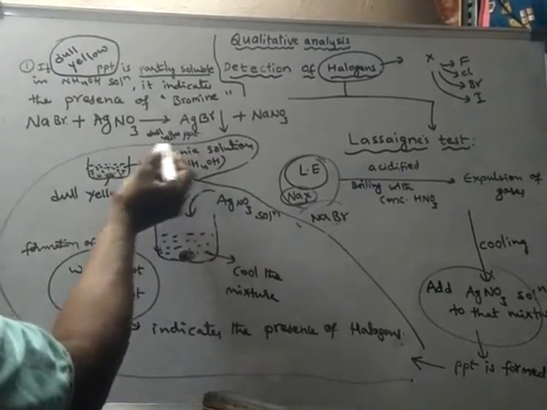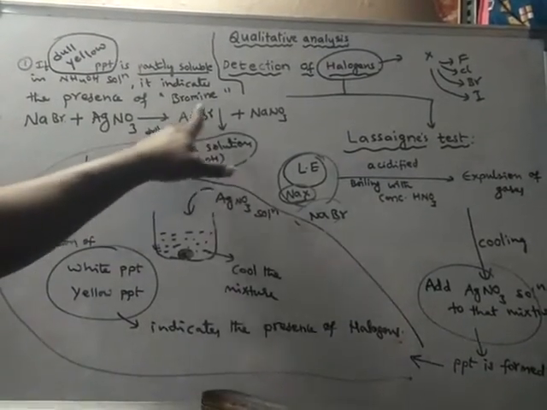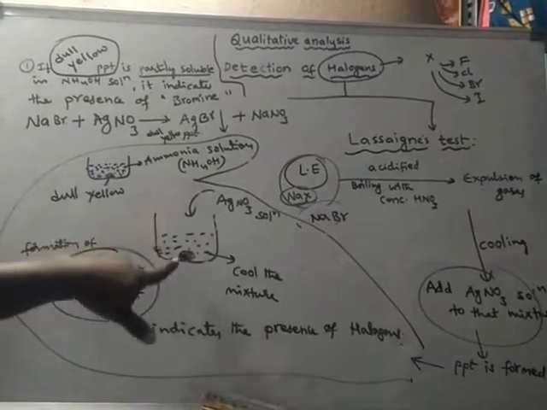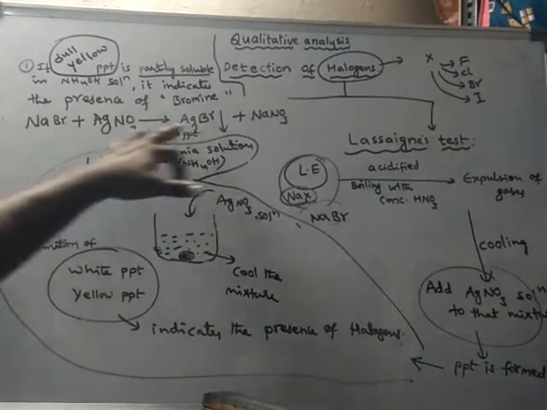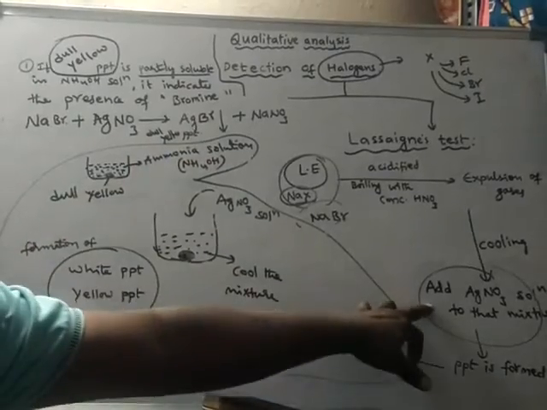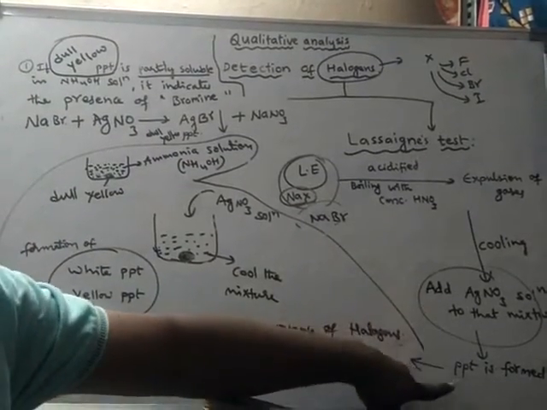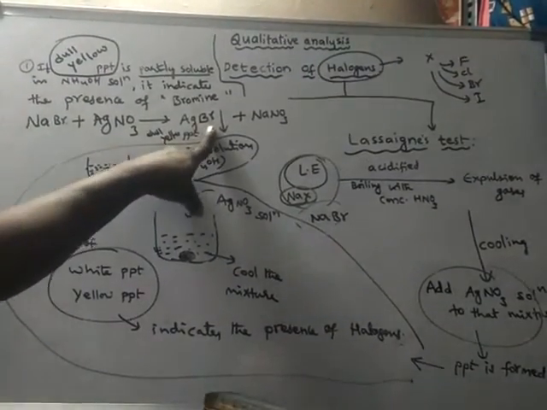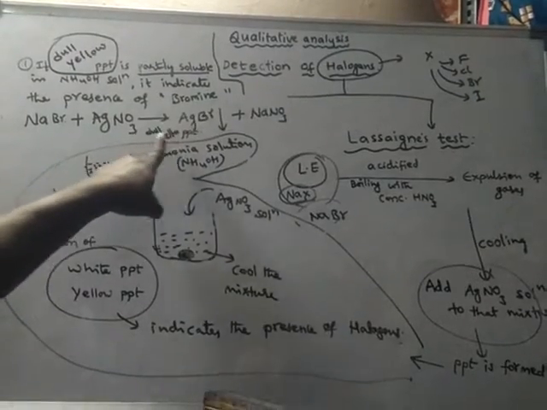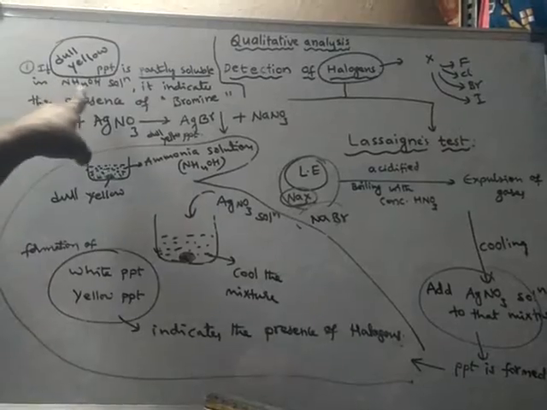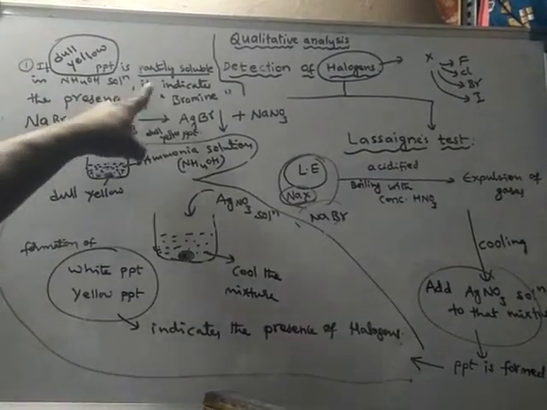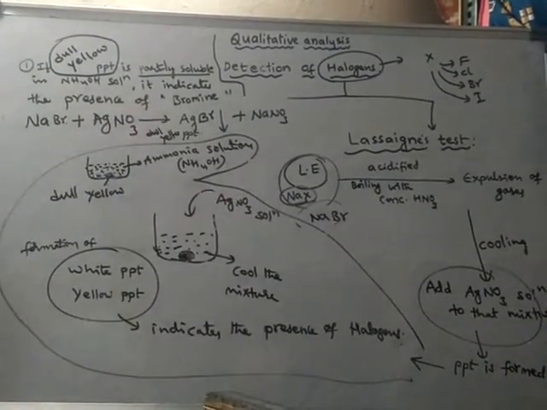This precipitate is partly soluble in ammonium hydroxide and it indicates the presence of bromine, right?